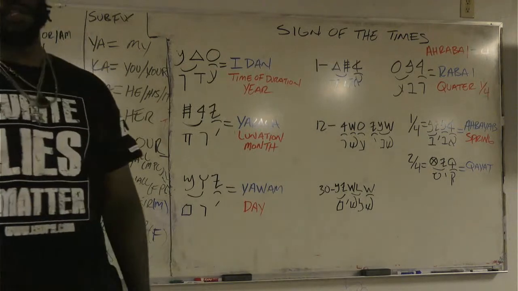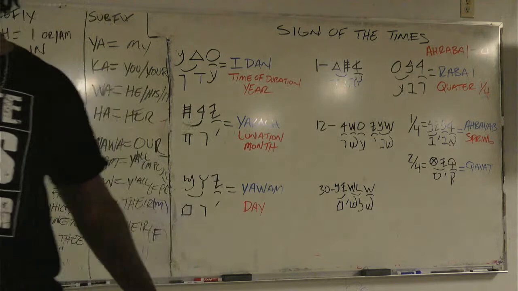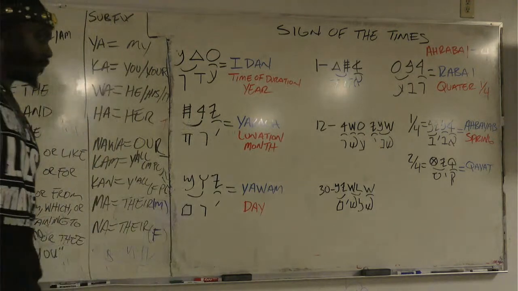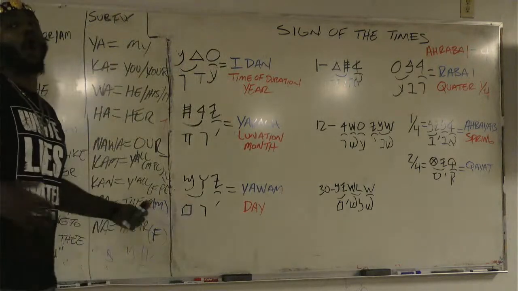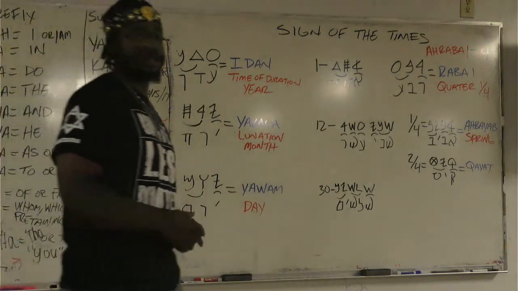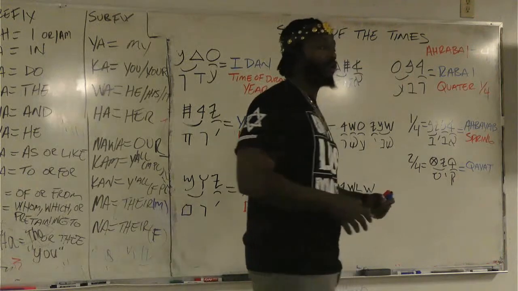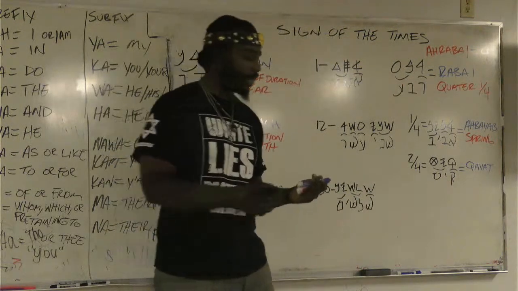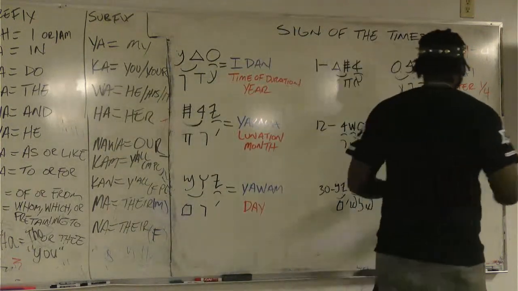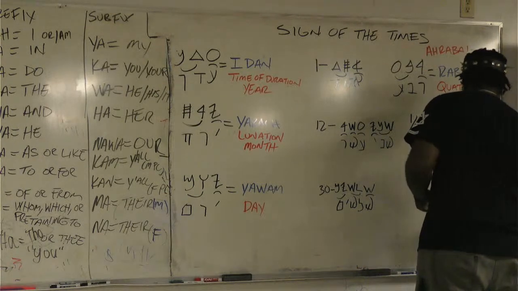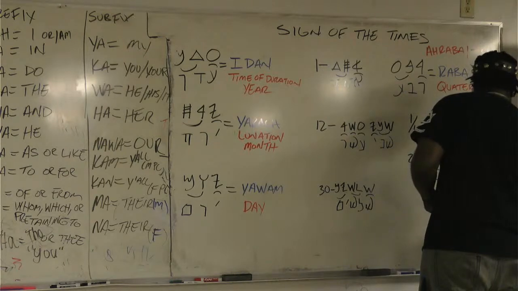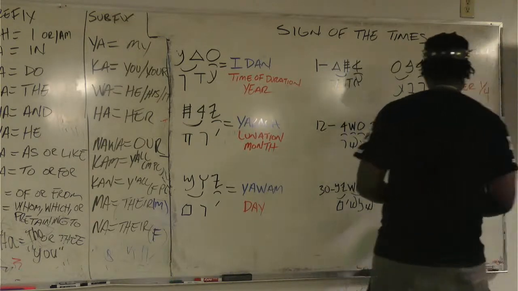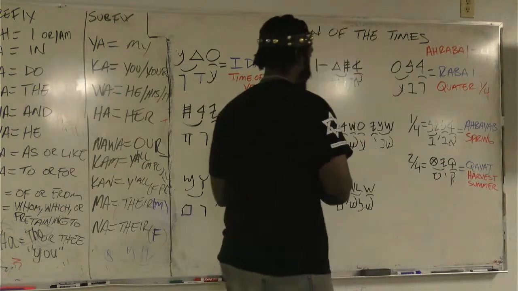What comes after spring? Summer. Koyat literally translates to harvest. One of your biggest harvests is during the summertime. So we'll put harvest, summer.